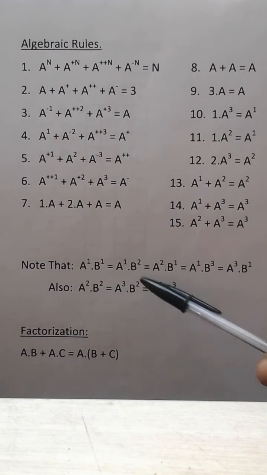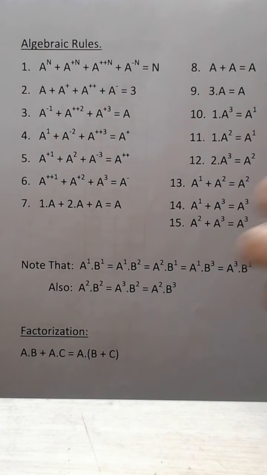So you can safely raise these variables to a higher n value and it will still equal A1 and B1. Similarly for A2 min B2 equals A3 min B2 equals A2 min B3. Factorisation: A min B max A min C equals A min B plus C max C.